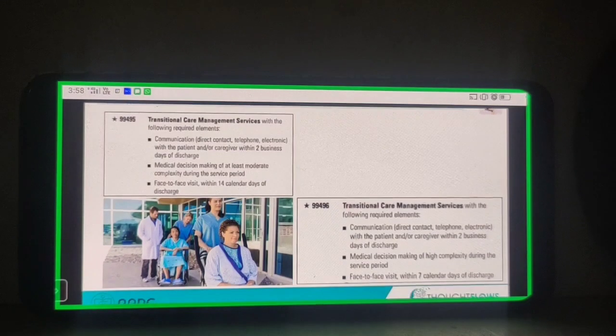But in 99496, what is the MDM? High. For high MDM, if a patient is discharged within 7 calendar days, go for 99496. This is the transitional care management service.